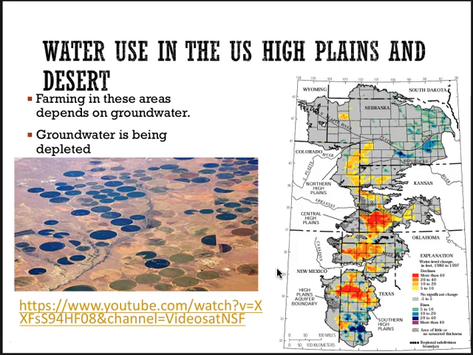We have depleted the aquifers throughout the United States. This one in particular is called the Ogallala or the High Plains Aquifer, and it stretches from Nebraska all the way down through Texas.